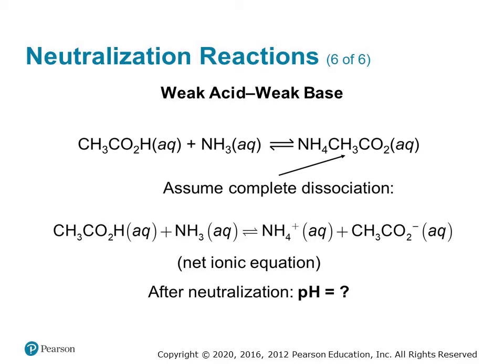In this example, acetic acid and ammonia come together to produce ammonium ions and acetate ions. As discussed in the section on acidic and basic salts at the end of Chapter 16, you have to use the relative strengths of the acidity and basicity of the products to predict whether the solution will be acidic, basic, or neutral after neutralization occurs.